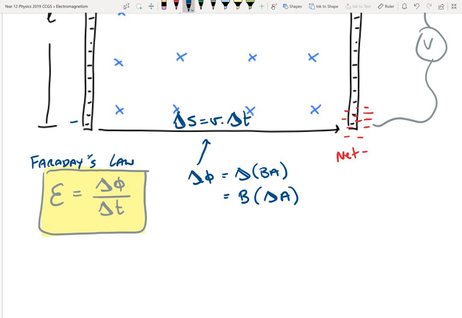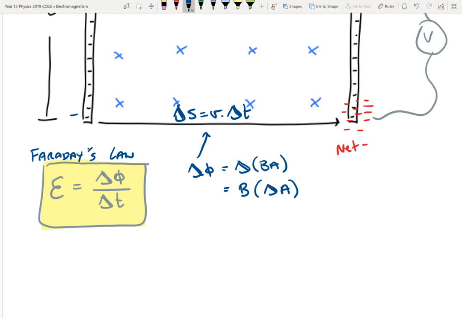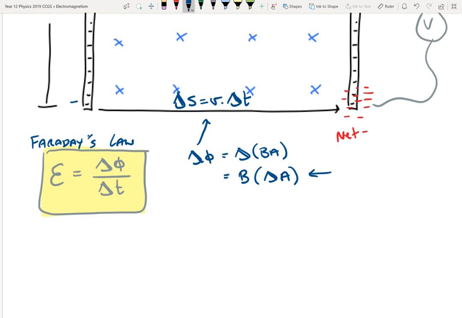Oh, look at that. Now let's throw something down here. Our delta A could be written as L times V delta T, because have a think. V delta T is going to be delta S, and L times delta S, length times width, is area.